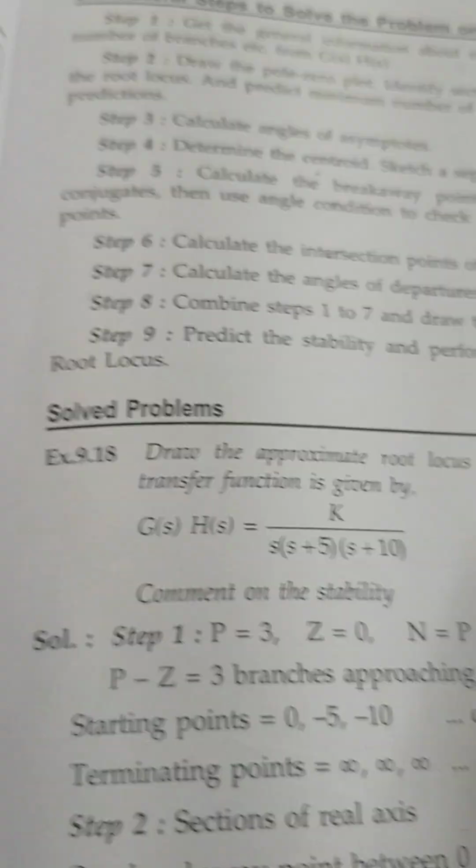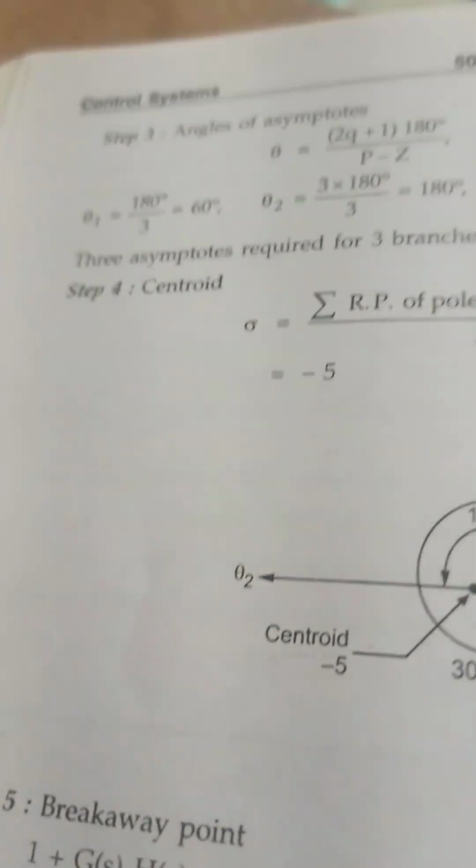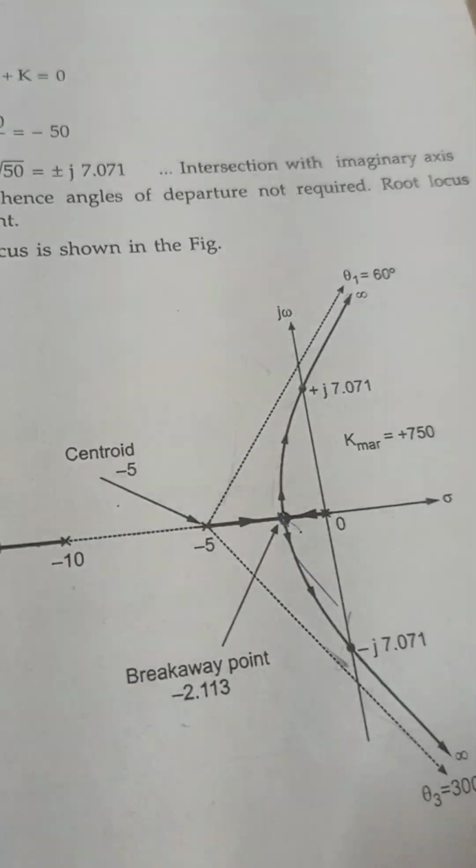From this equation we have to do all these steps: find the breakaway point, the centroid, and the angles of asymptotes. So many calculations are there, and finally we get this diagram.